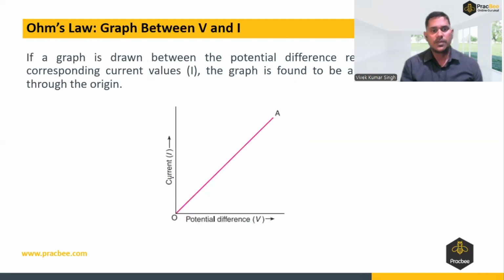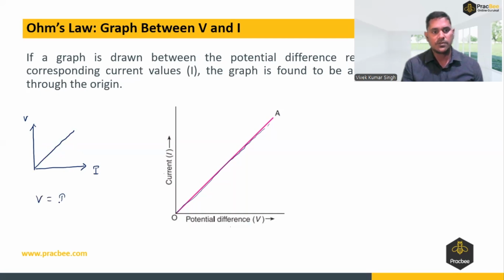If you draw the graph between voltage and current for an ohmic conductor, which follows Ohm's law, the graph will always be a straight line. If you draw the graph of V versus I, where voltage is taken along the y-axis and current along the x-axis, the resistance is given by the slope.